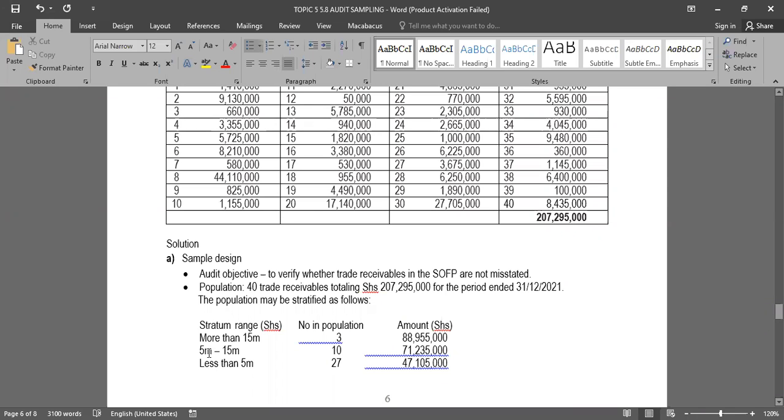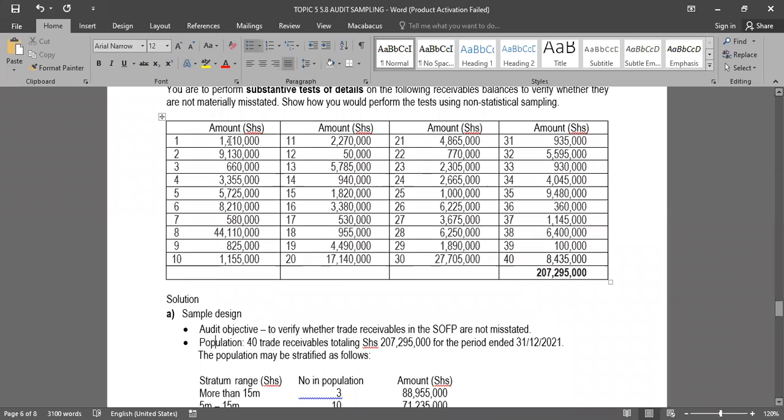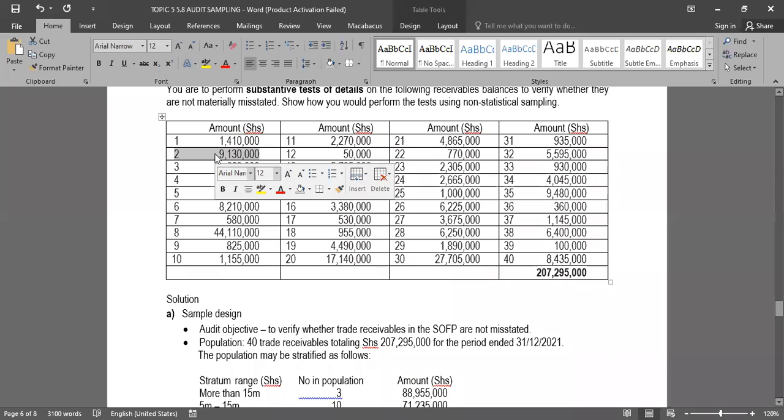So let's go to the 5 to 15 range and count to see if you can come up with 10. From here, this one is between 5 and 15, so we have 1. This one is not. You have 2 here. Maybe I can highlight them for purposes of learning.